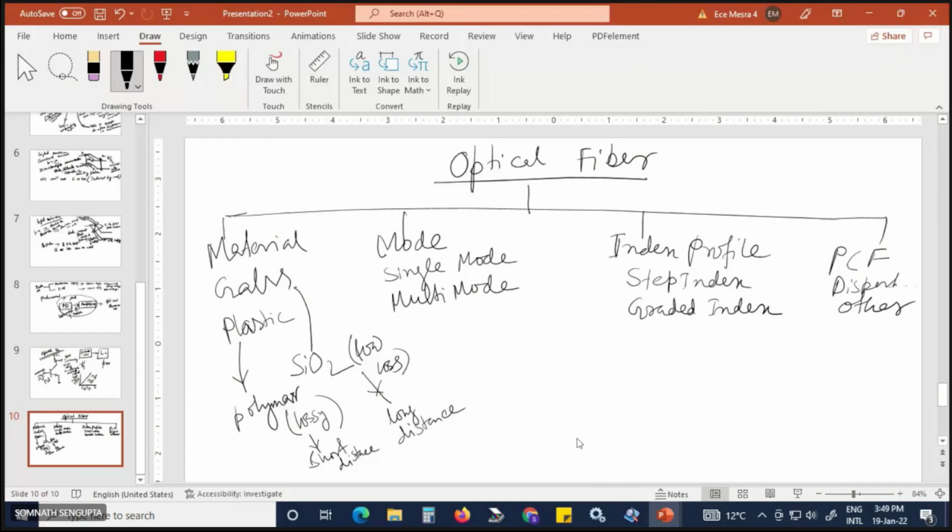Single mode and multi-mode. Single mode is for long distance, as loss and dispersion are both minimum.